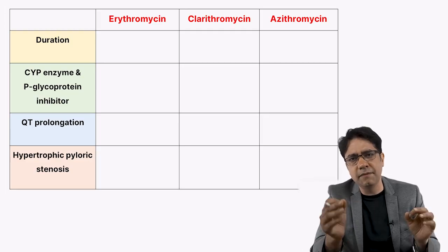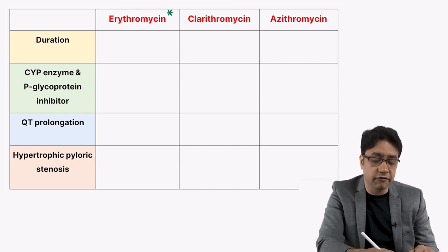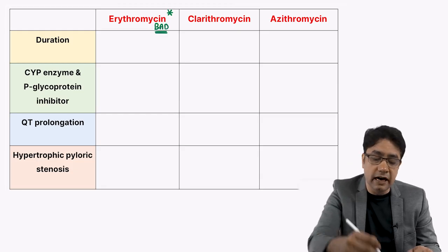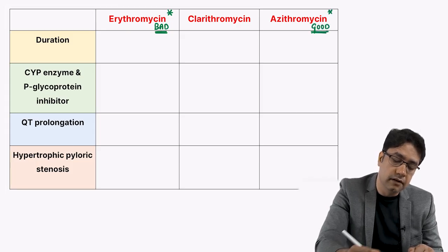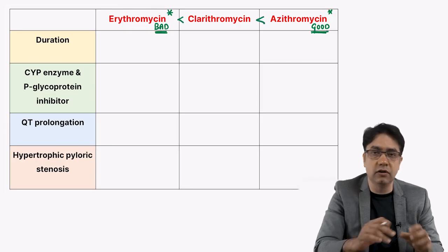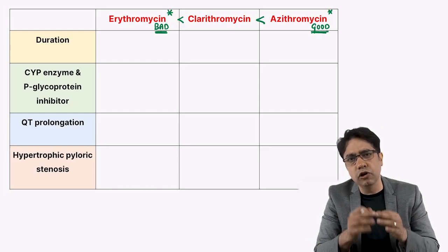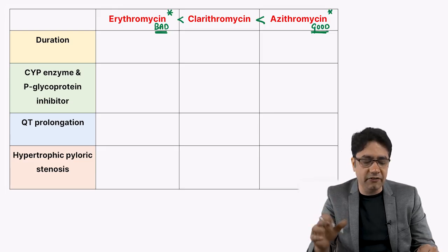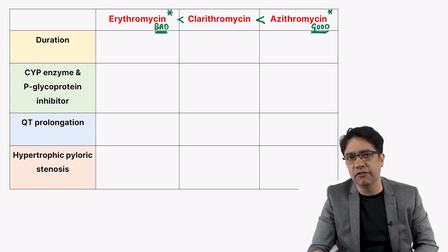Before comparison, remember one rule: erythro is a very bad one. All the bad properties we will write with erythromycin, and all the good ones we will write with azithromycin. Okay? And clarithro is in the middle. Don't you think when you suffer from any infection, you also prefer to take azithromycin only? So keeping this in mind, if I ask which will have the shortest duration of action?